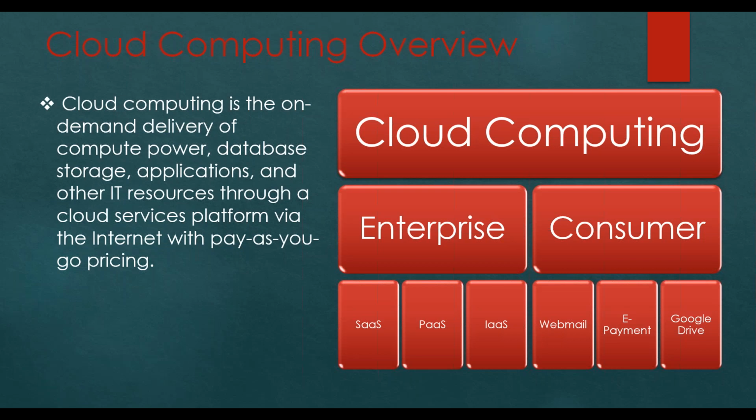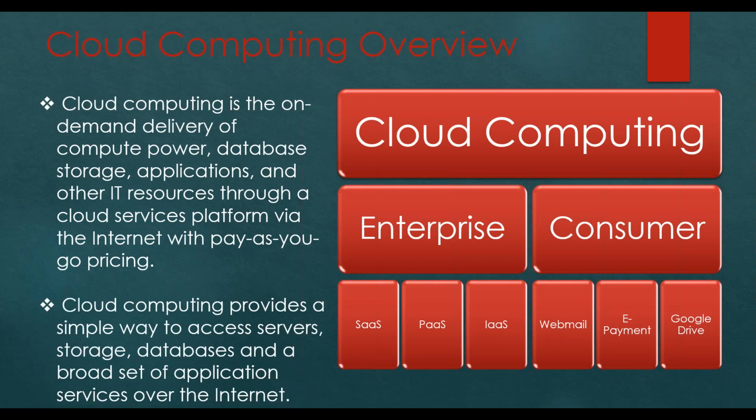You don't need to be on your home network or your organization network to access a specific application, right? Cloud computing provides a simple way to access servers, storage, databases, and a broad set of application services over the internet. As I mentioned, if these are cloud-based applications, you can access them from anywhere. You just need internet.